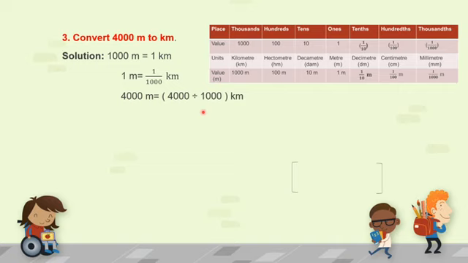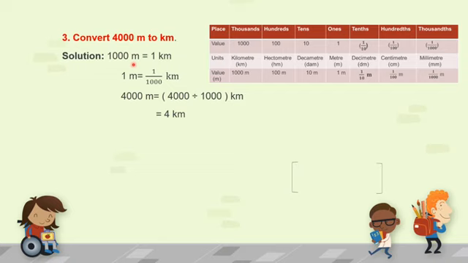You follow the number of zeros here and then put a decimal point. How many zeros does 1000 have? 1, 2, 3. So count the number of zeros, 1, 2, 3, and then put a dot. So you will have 4 decimal 000. After the decimal point the zeros have no value. That means it is 4 kilometers.